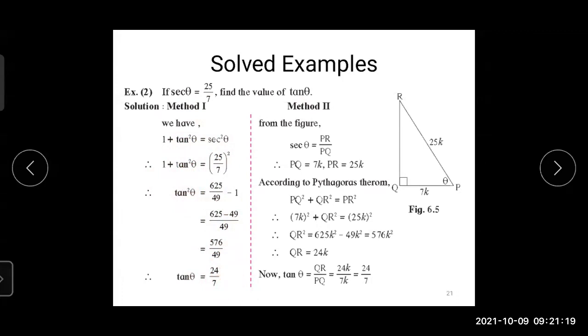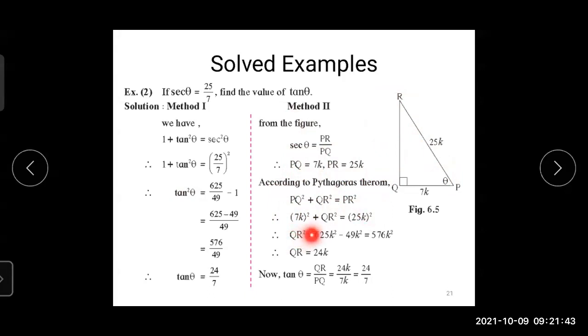In the same way, we can use the second method. From this figure, sec theta is equal to PR upon PQ. So PQ is equal to 7K and PR is equal to 25K. According to Pythagoras theorem, PQ square plus QR square is equal to PR square.